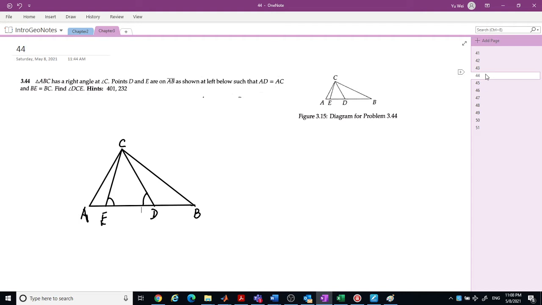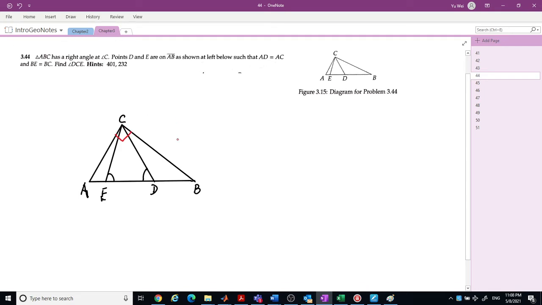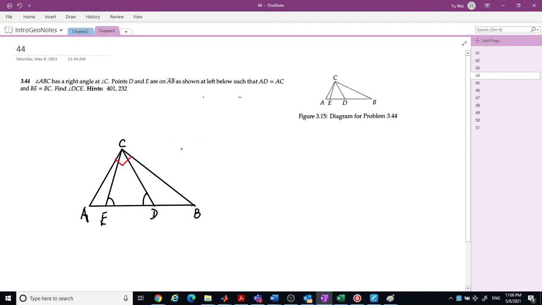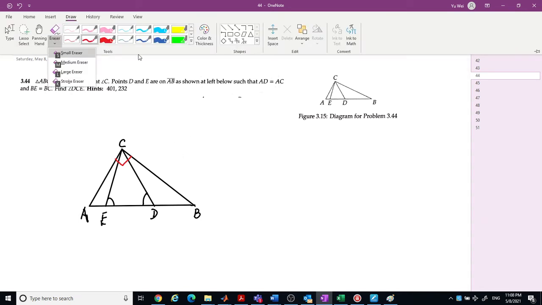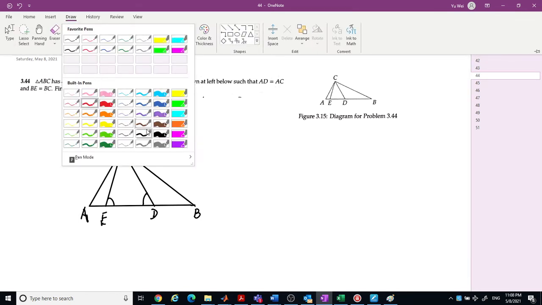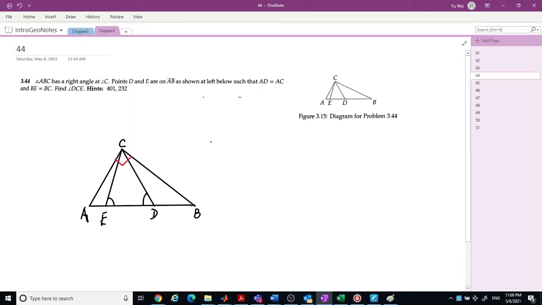So what we know here is ABC is a right triangle. We have a right angle. Let's notate something: A plus B equals 90. We have AC equals AD, and we have BC equals BE.